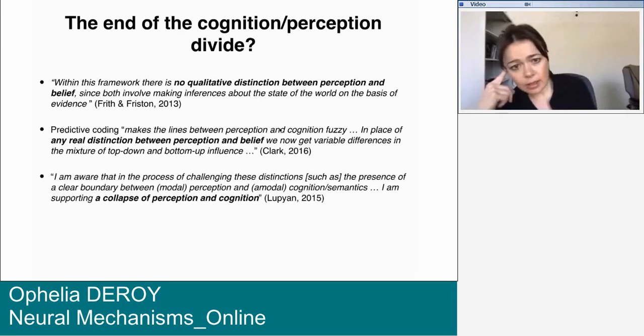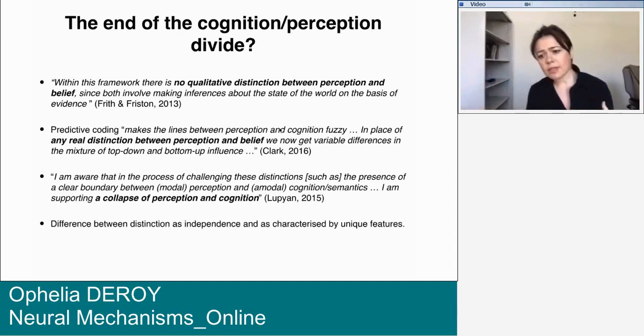Now, these are only quotes, and of course it's difficult to do justice to each author's argument in a single line. One thing to notice here is that sometimes in some of these papers it's hard to see exactly what the authors have as their main target, whether it's the notion of distinction between perception and cognition as independent, or whether it's the notion of distinction in terms of our capacity to provide a single definition that will isolate or uniquely characterize perception versus cognition.